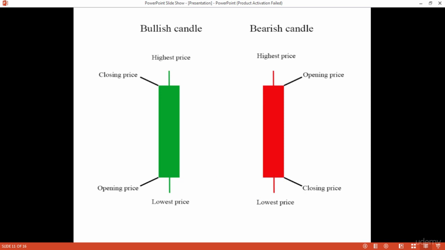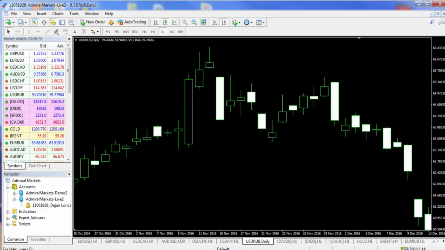We can go back to the platform in order to see the Japanese candles on graphs. On our graphs, candles are framed in green, while the bodies of the candles whose interval represents growth are gauzy, and bodies of the candles whose interval records a fall are white. Depending on the intensity of price movement during a time interval, candles have different sizes and shapes.